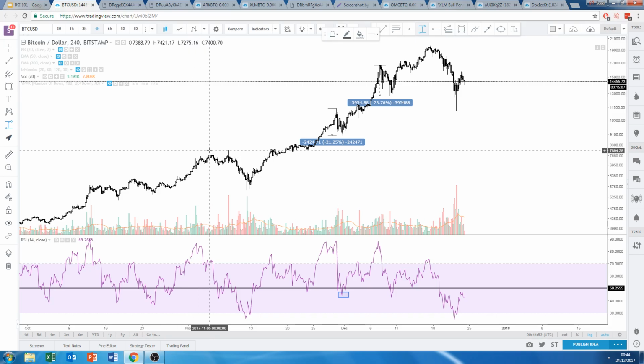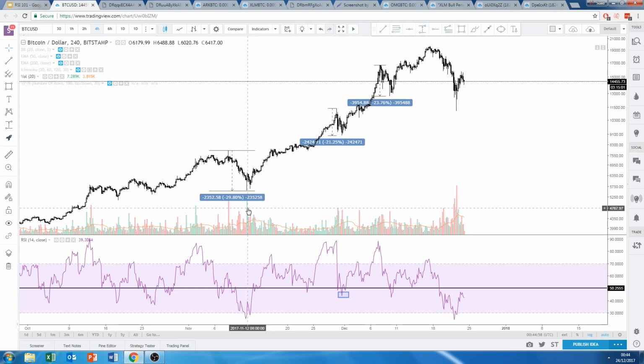Let's go from this high down here. Closer to 30%. And here, the same, the deep violation, 30%. Generally holds, 21, 23. And then the most recent one, let's go from this high.